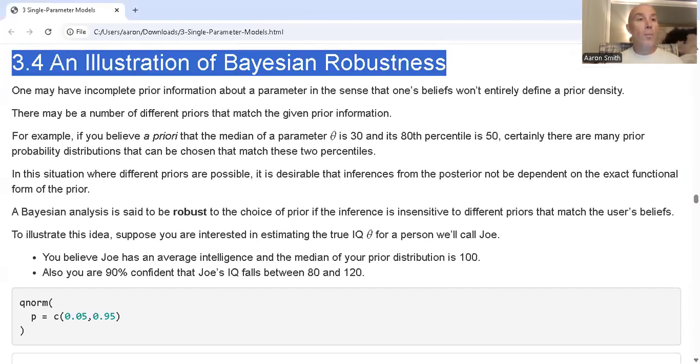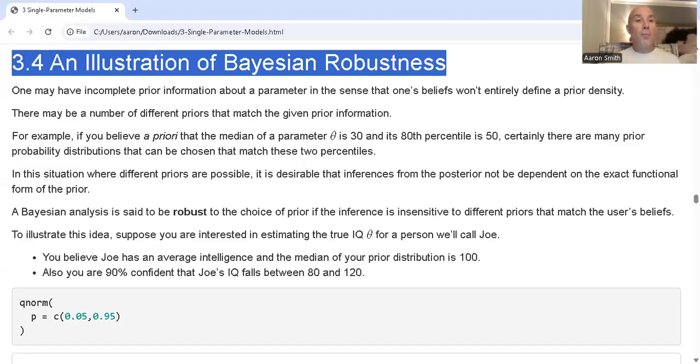We might have incomplete prior information about the parameter we're interested in, in the sense that what I understand and believe about the parameter might not be enough to fully define a probability density. So there might be a number of different prior densities that match my given information.